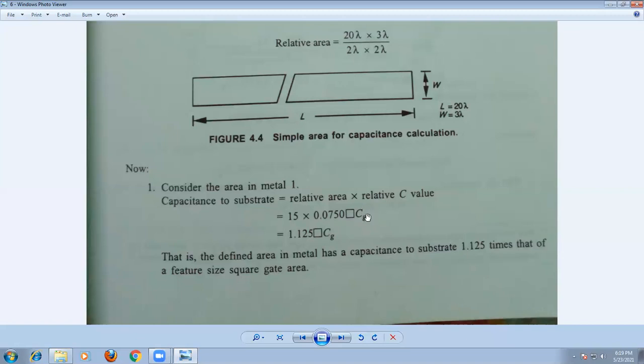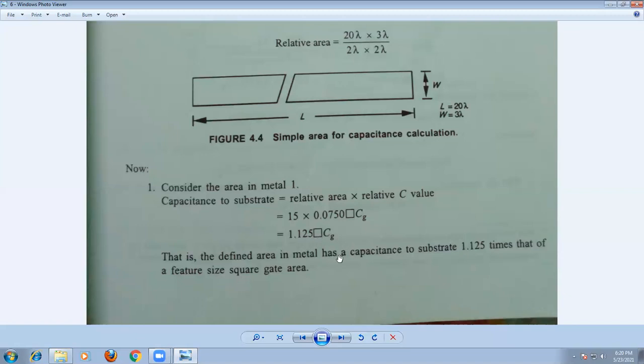All the capacitances from now onwards will be represented in square CZ. Remember. Calculating this value, you get 1.125 square CZ. That means 1.125 times the standard capacitance value. So like this, you can calculate the area capacitance, that is, the metal 1 to substrate capacitance, which is equal to 1.125 square CZ, right?